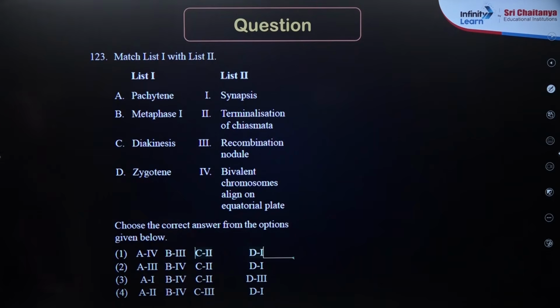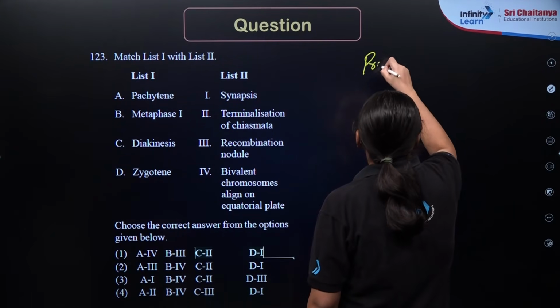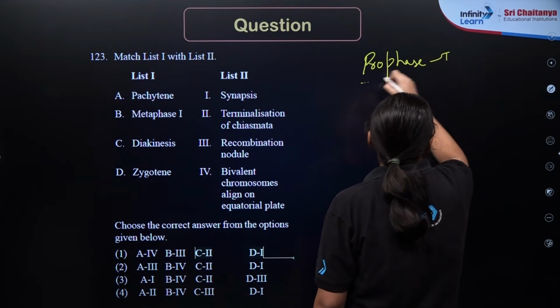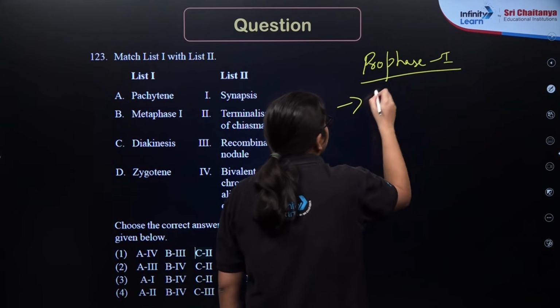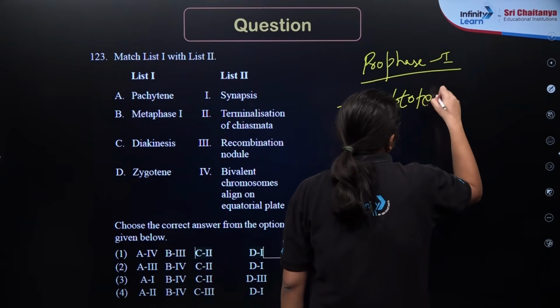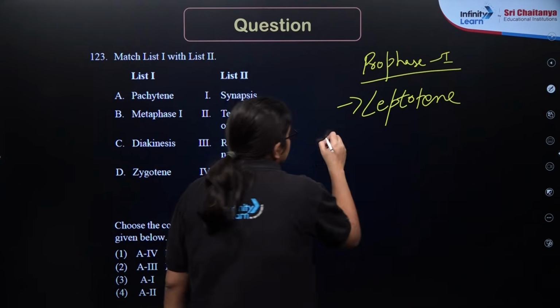Next, here we have to match. So this is talking about the meiosis 1 phases, okay. Leptotene, zygotene, pachytene, diplotene, diakinesis, these are the parts of prophase 1. So in prophase 1 we have various stages. First is the leptotene stage, where chromosome condensation is happening.